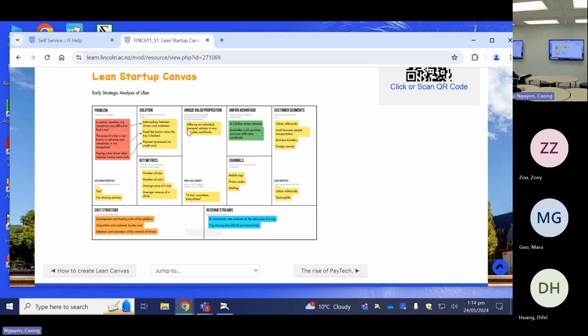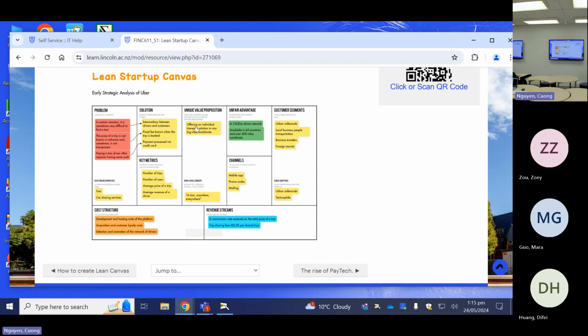Now, then we move forward to a unique value proposition. So what we want to do is figure out what the benefits are for the customer, the people who use a product, in comparison to the existing solution.